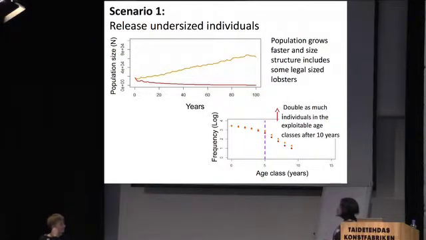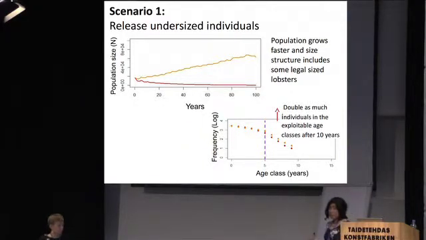So our first scenario was to include in this model the response of the population size towards a decreasing fisheries mortality by releasing the undersized lobsters that were incidentally catched in the net.